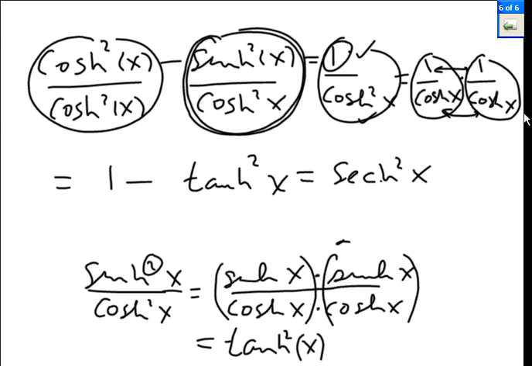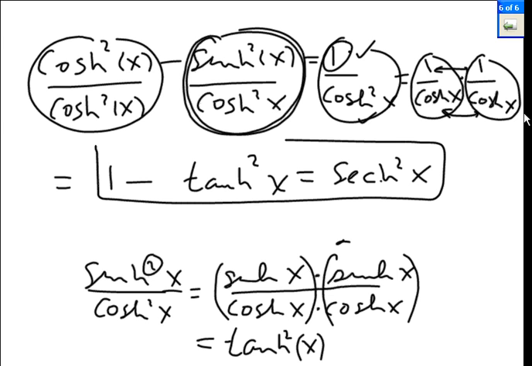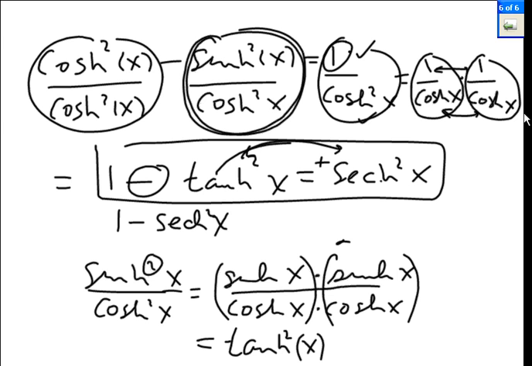And there's an identity. Here is an identity. Of course, if you interchange those two, the 1 stays. The hyperbolic secant squared of x comes to the left as positive, and the minus hyperbolic tangent squared of x goes to the right as positive hyperbolic tangent squared of x.